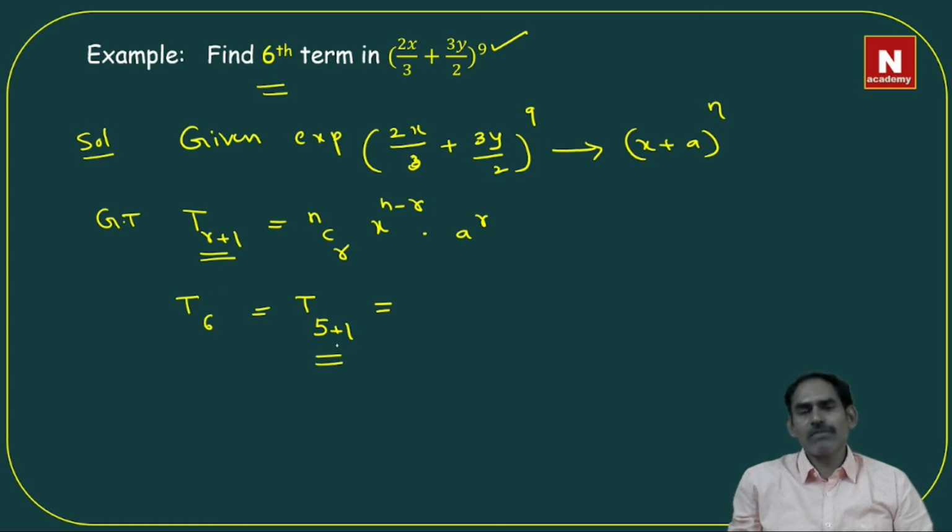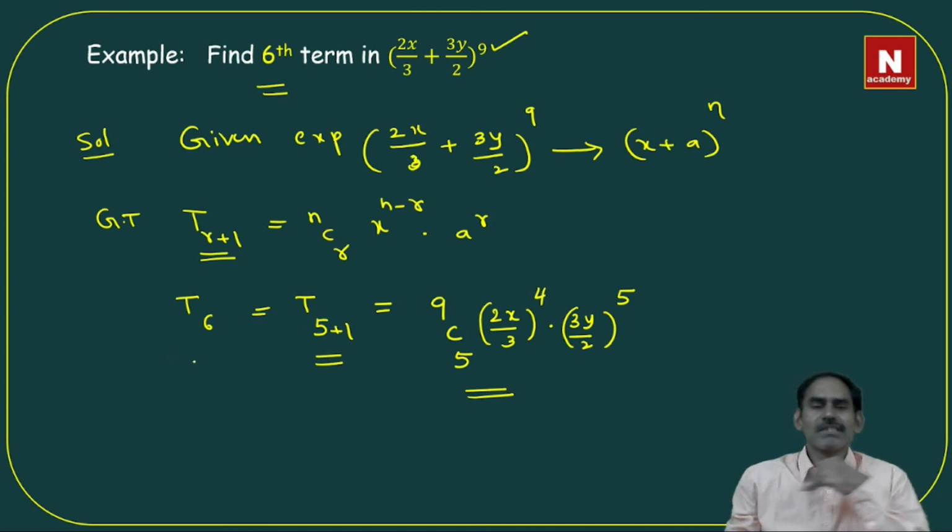Now it is in the form of r plus 1, so r equals 5. nCr: n is 9 here, so 9C5. x power (n minus r): x means the first term, (2x by 3) whole power 9 minus 5, which is 4, into a power r: a means (3y by 2) whole power r, and r is 5. This is the sixth term of the binomial expansion, found directly by using the general term.